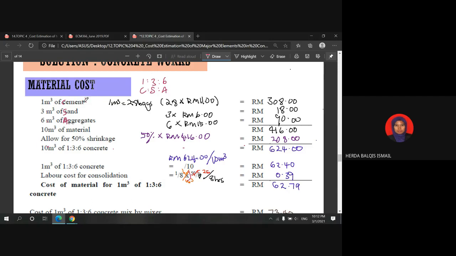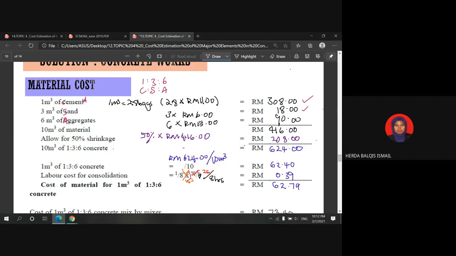For cement, like I mentioned, the price has been given per bag. We know from the constant that 1 cubic meter is equivalent to 28 bags. So 28 bags times RM11 per bag, you will get this value. For the sand, 3 cubic meters at 6 ringgit per cubic meter gives 18 ringgit.